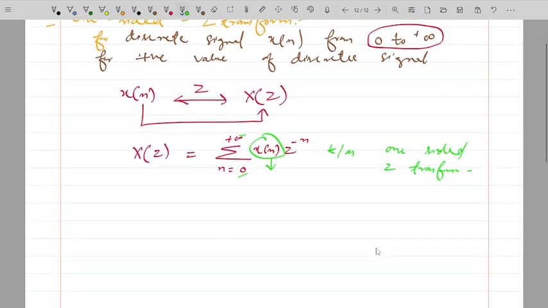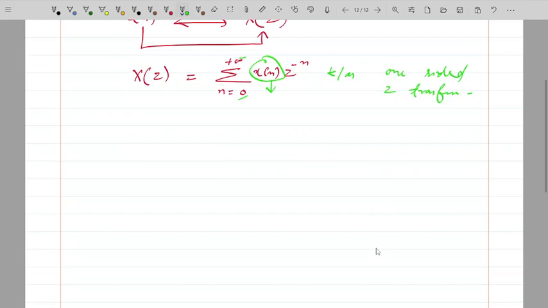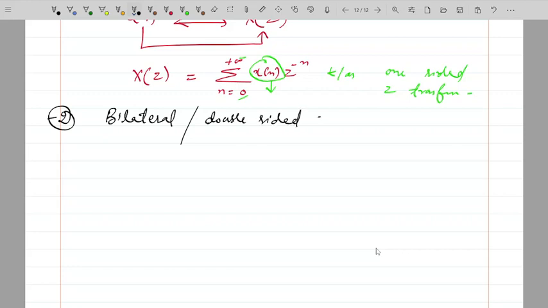So let's move to the second part, that is the bilateral or double-sided Z transform.